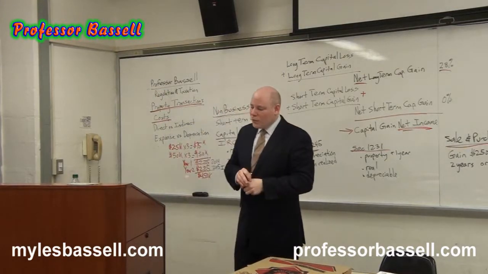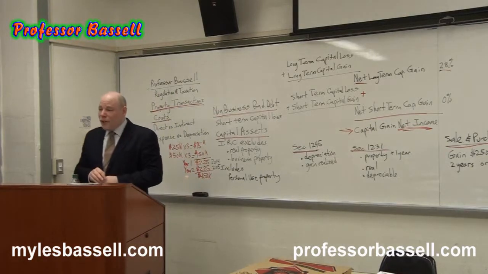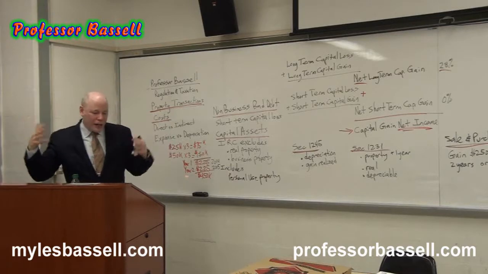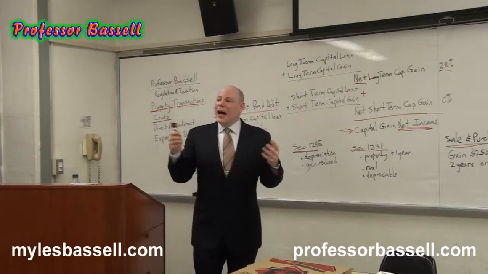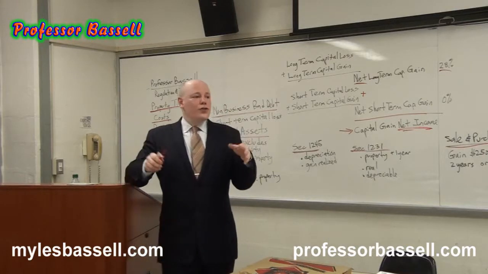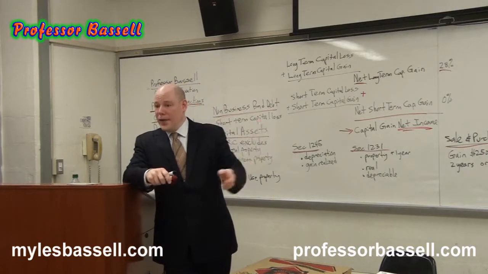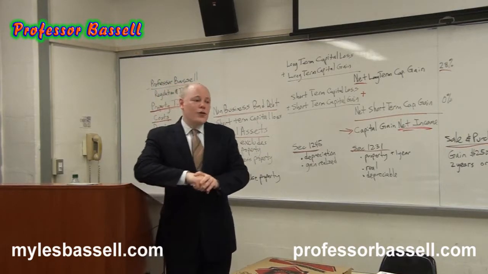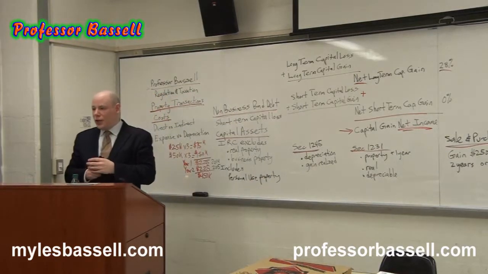And why do we buy this lot? Well, our vision that Corinne advocated for was that we're going to use that lot so that our customers, our guests, can park there. So that lot we bought for $150,000.